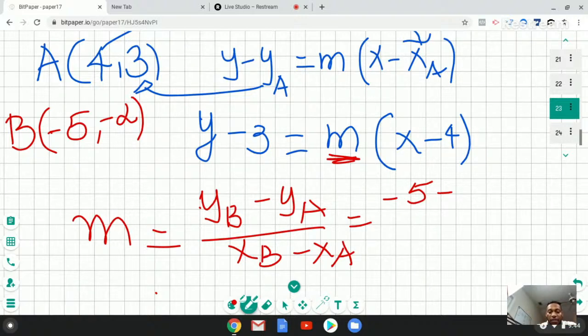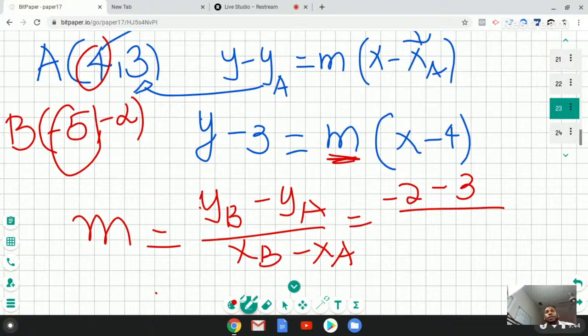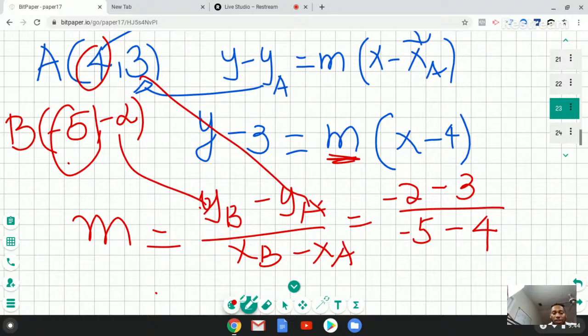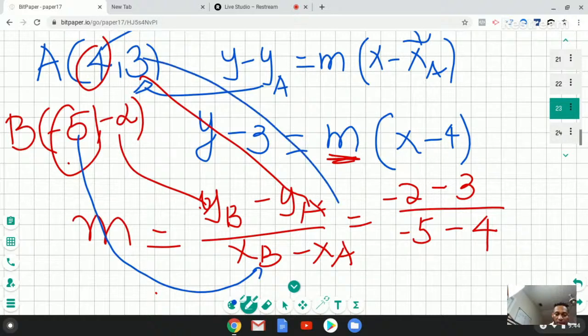So the difference in height is -2 minus 3, divided by the difference in run. -5 all the way to the left, going all the way to the right, so -5 minus 4. So YB minus YA, and then XB, -5, minus XA, 4. Does that make sense?